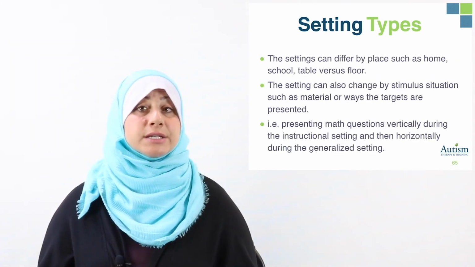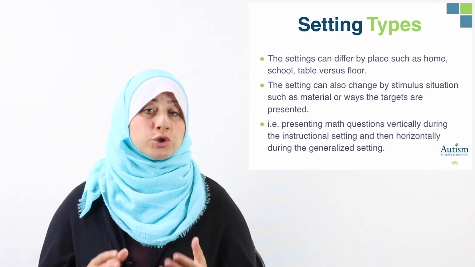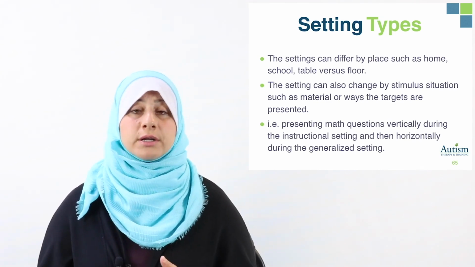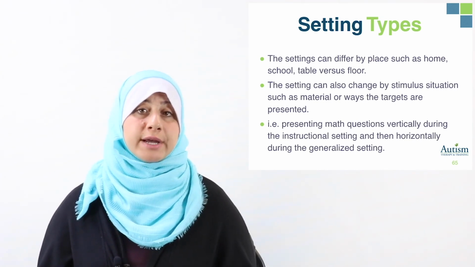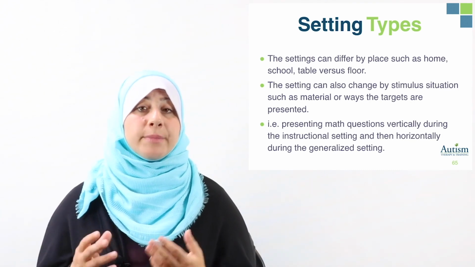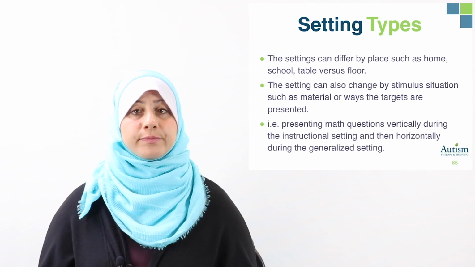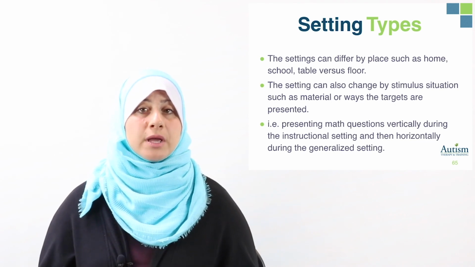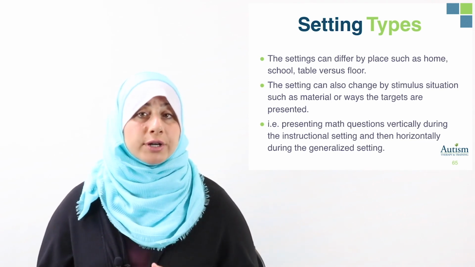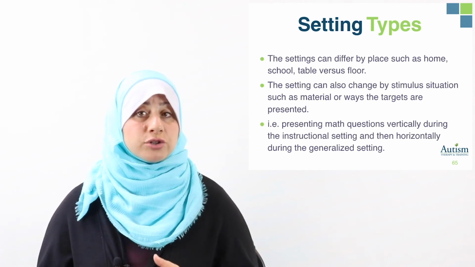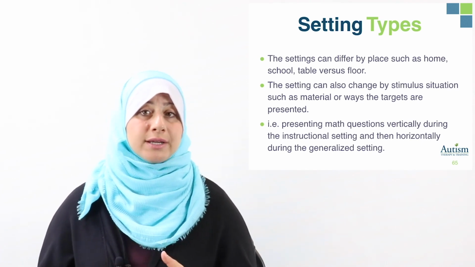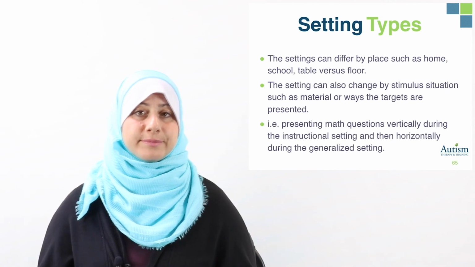The settings can differ by place, such as home, school, table versus floor. The setting can also change by stimulus situations such as material or ways the targets are presented. For example, presenting math questions vertically during the instructional setting and then horizontally during the generalized setting.